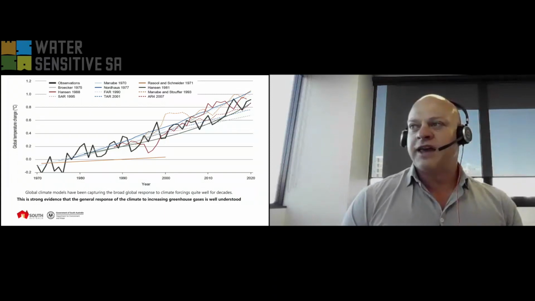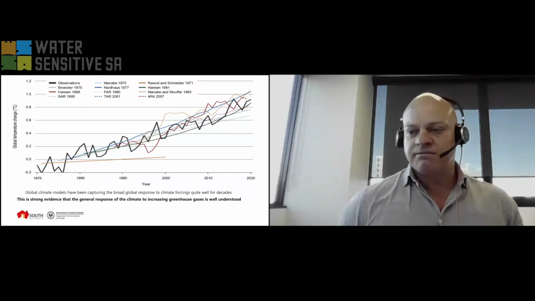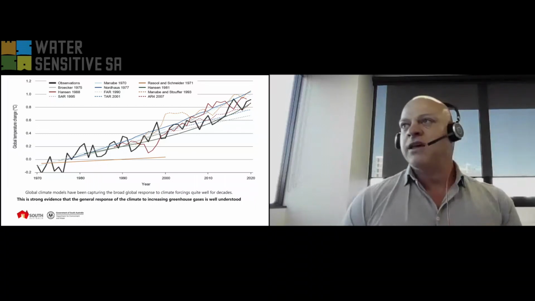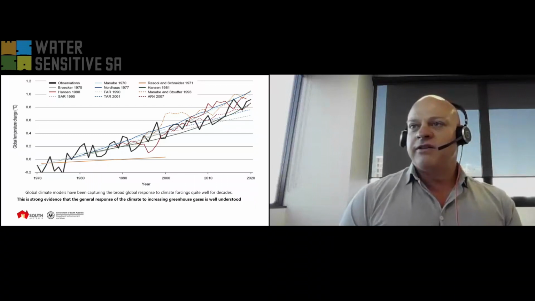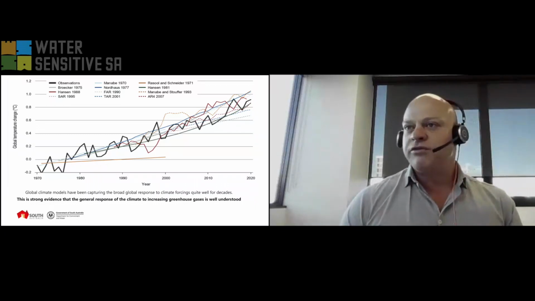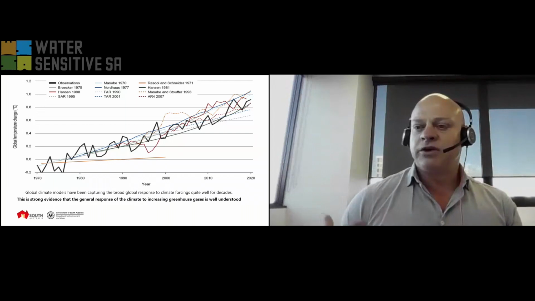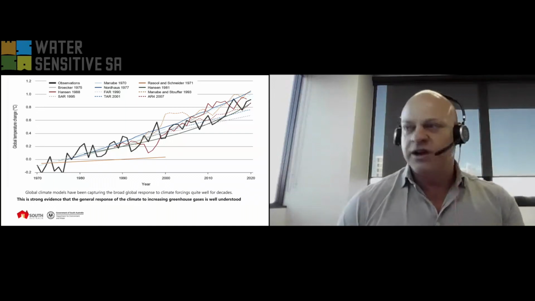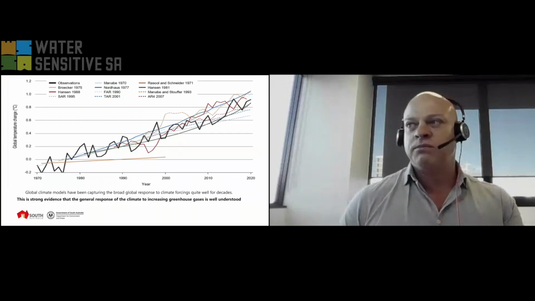The key point is they capture basically the general physics of the climate system really quite well. This is another piece of strong evidence that the effect of greenhouse gases is well understood and captured in a broad sense by the models.